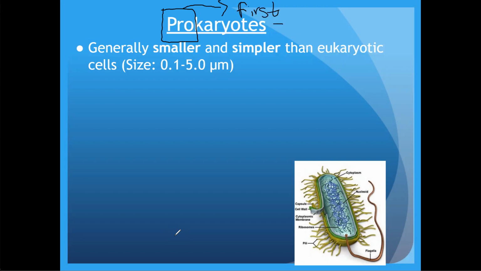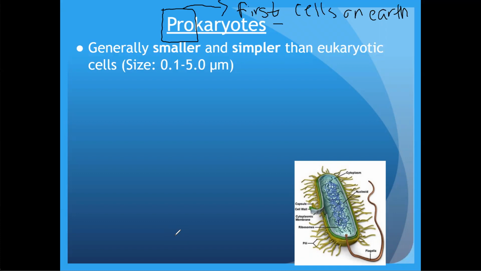So prokaryotes were theorized to be the first cells on Earth. Okay. Now this is a theory. We don't know for sure, but this is just a theory. Prokaryotes were theorized to be the first cells on Earth. Pro means first. So whenever you see prokaryotes or when you see pro, think about first.